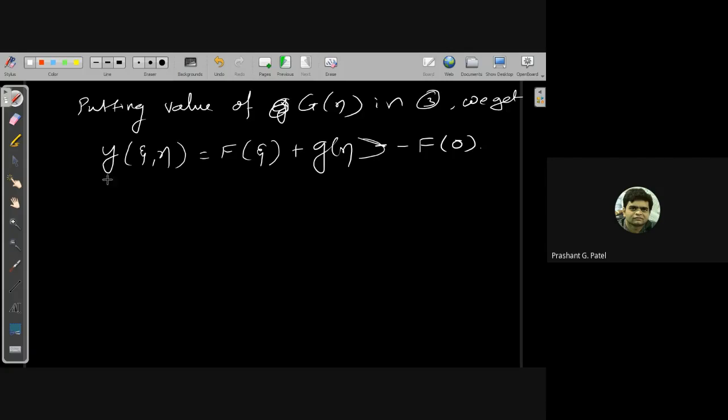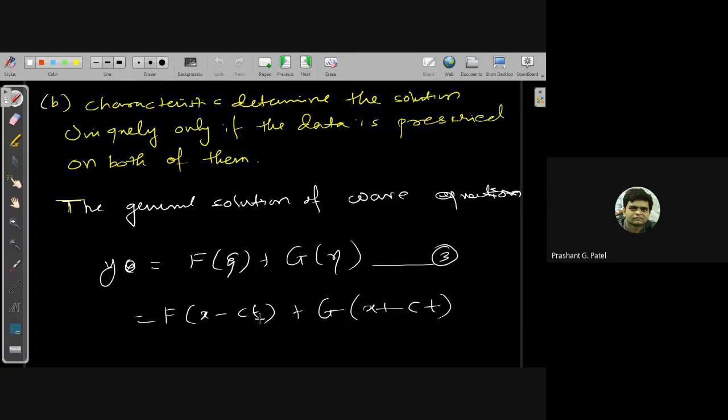Let me take the differentiation of this with respect to t. If I differentiate this with respect to t, then we have y_t at xi, eta. All these are functions of t because xi and eta are functions of t. So the first term gives me f dash of xi, and the value of xi we have taken is x minus ct.